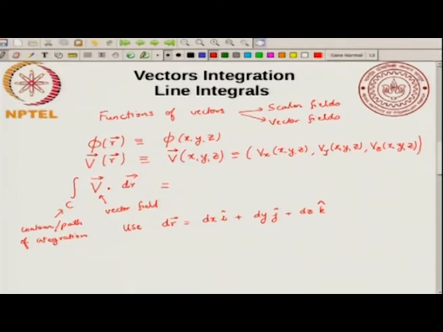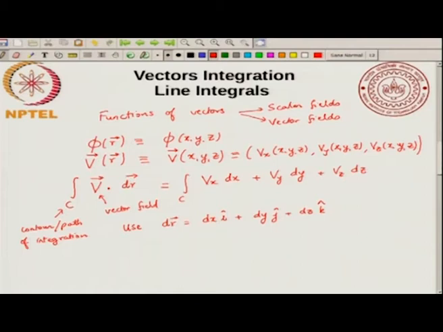And if you have these as the components of the vector, I can write this as integral over C, where C is a contour, of Vx dx plus Vy dy plus Vz dz. So you can write it as a sum of 3 integrals. Each of them is an integral over a single variable, an integral over a scalar. So you have Vx dx, Vy dy, and Vz dz. So this is the typical line integral that we will be using.